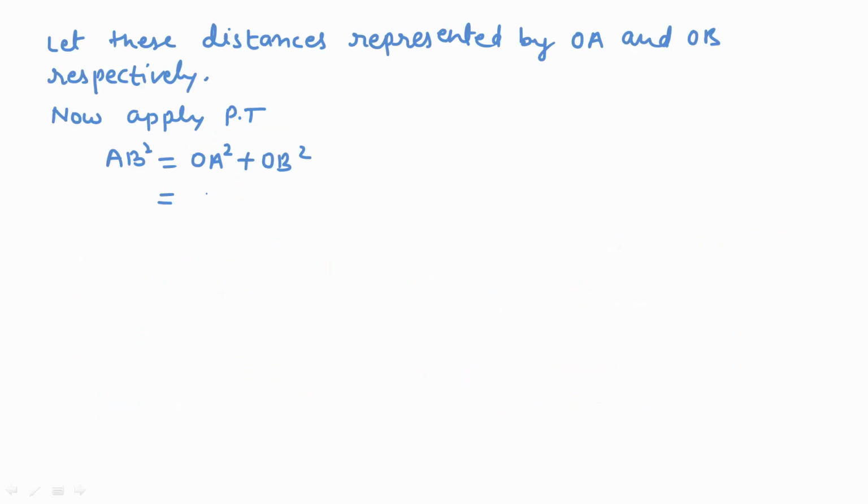So this will be 1500 whole square plus 1800 whole square.